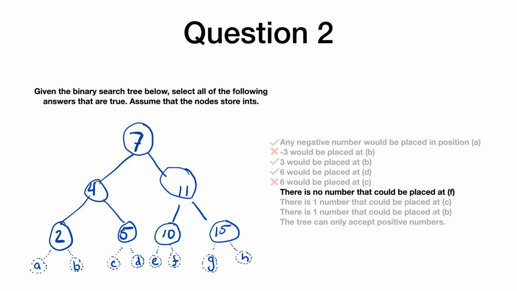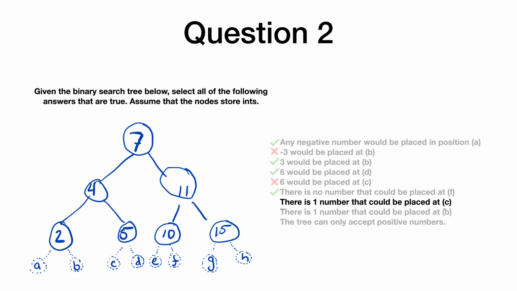And in order for something to be placed there, because we're left of 10, it has to be less than 10, less than 11, but greater than 10. Well, is there an integer that's less than 11, but greater than 10, that's not 10 or 11? There isn't one. So yeah, there is no number that could be placed at F. That's true.